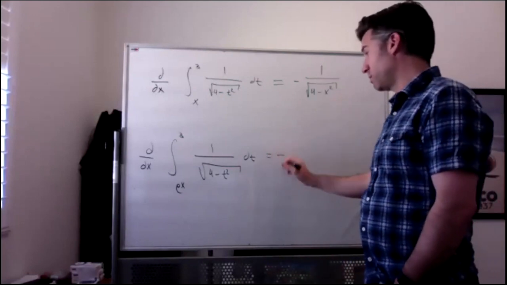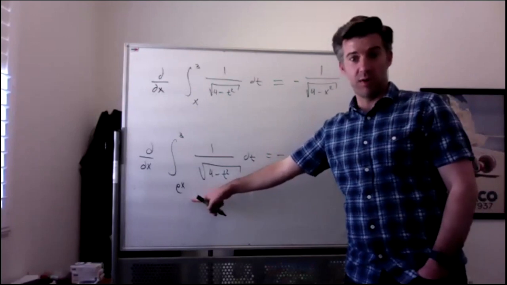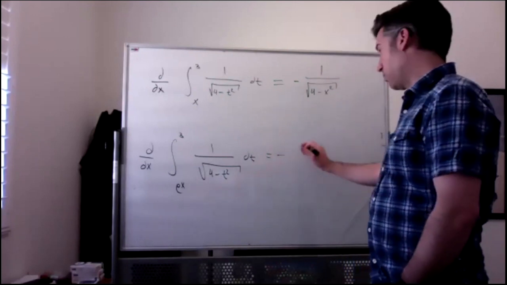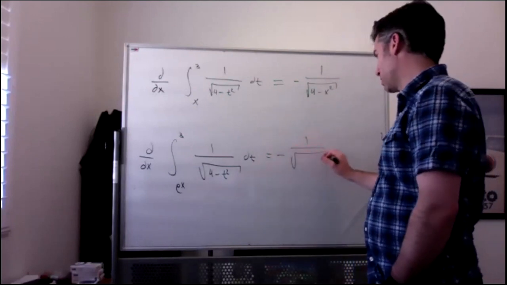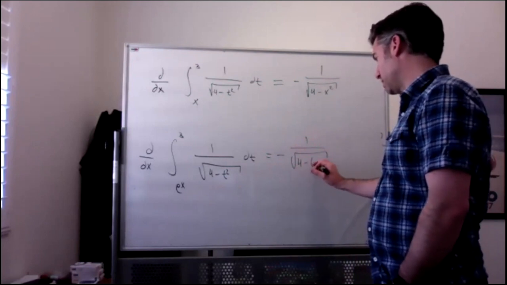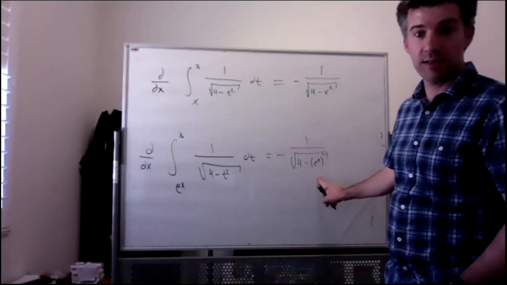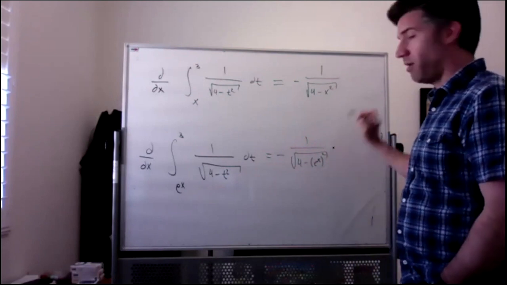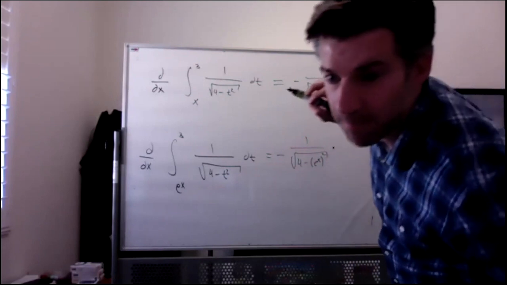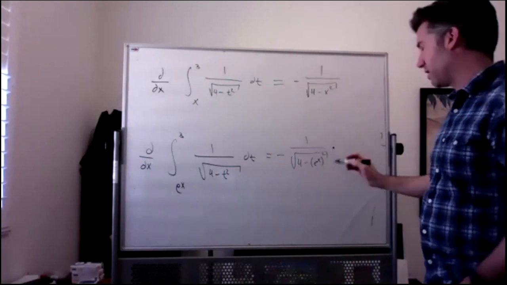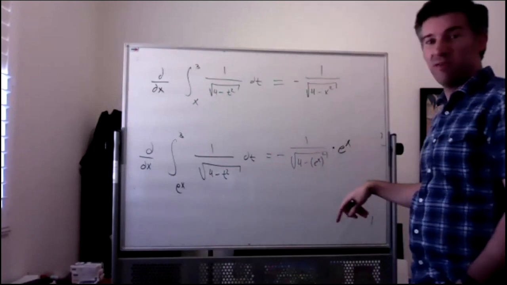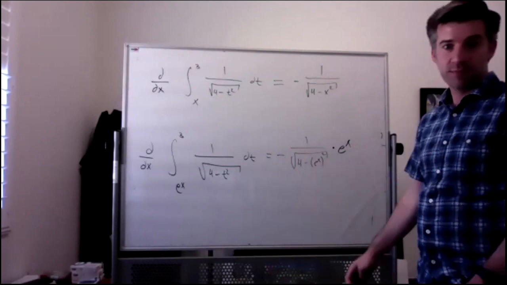It's also going to be negative because our variable thing is in the lower limit of integration. I'm going to get 1 over the square root of 4 minus e to the x squared, which you could simplify as e to the 2x. And then what do I need to multiply by? Yes, exactly. The derivative of e to the x, which is e to the x.